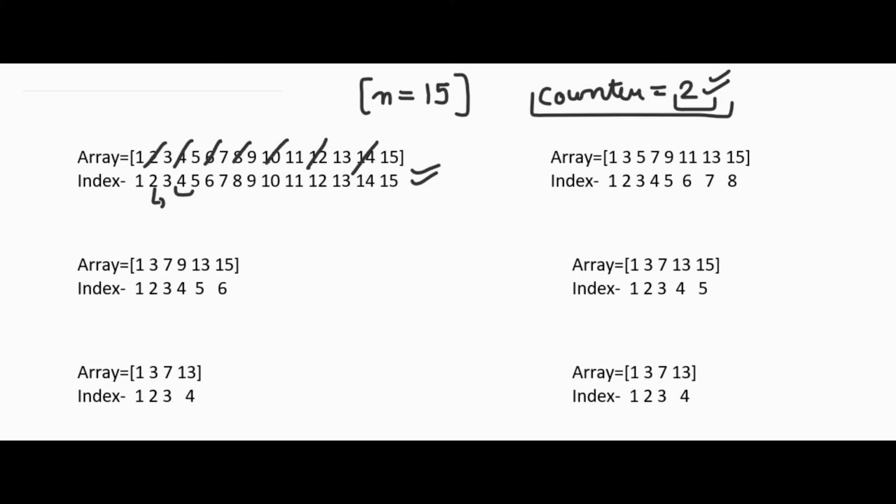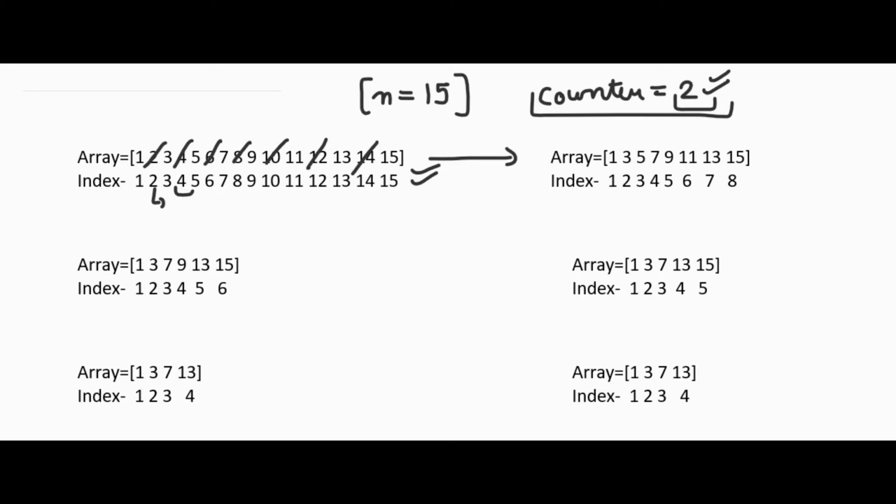The array left after deleting every second element is 1, 3, 5, 7, 9, 11, 13 and 15.